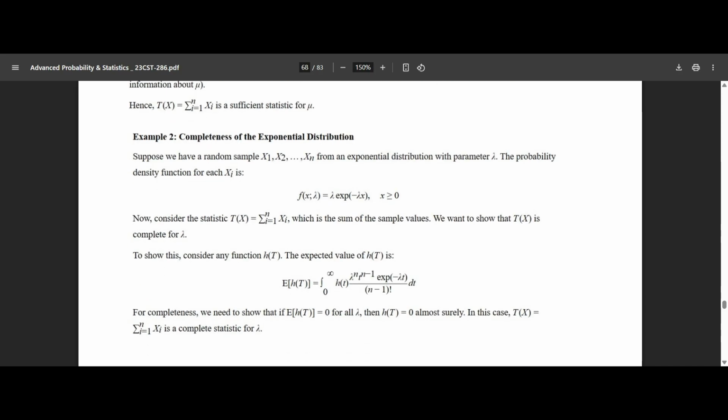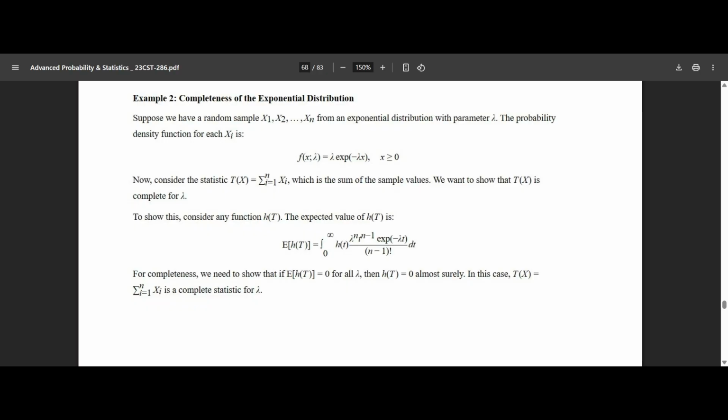Completeness of exponential distribution. So we have this exponential distribution, lambda e to the power minus lambda x. So consider the statistic T equal to this, which is the sum of the sample values. We want to show that T(X) is complete for lambda. So to show this, consider any function, E of h(T) equals integration from 0 to infinity of h(t) times the density dt.